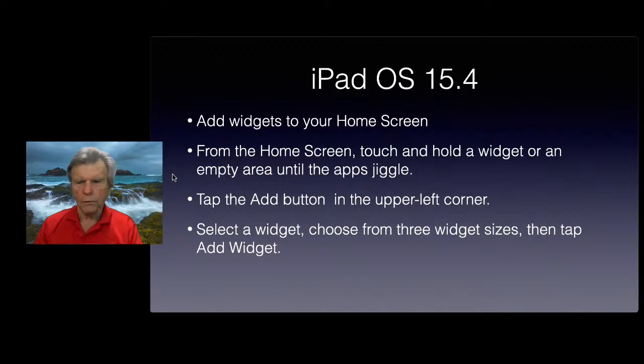You can choose from three different sizes, and then tap Add Widget, and then tap Done. So widgets are very handy. You can put things that you use frequently on your home screen, and that is a nice new feature.